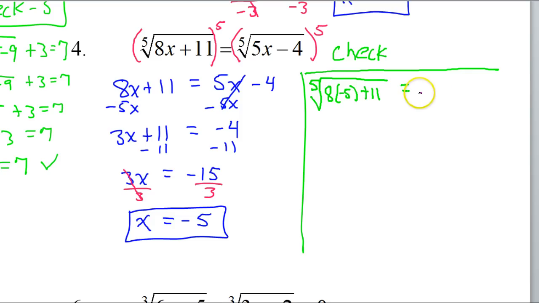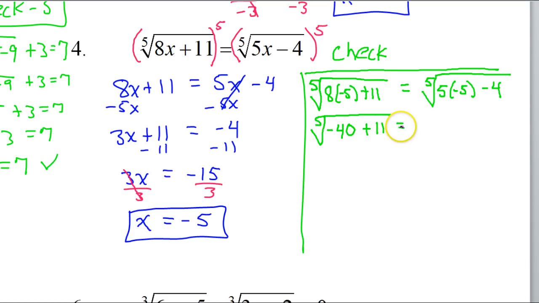And we're checking to see if that equals the fifth root of 5 times negative 5 minus 4. Okay, so the fifth root, 8 times negative 5 is negative 40. So that's negative 40 plus 11.